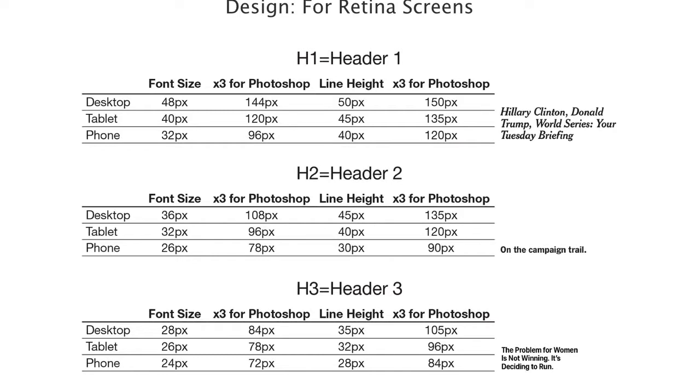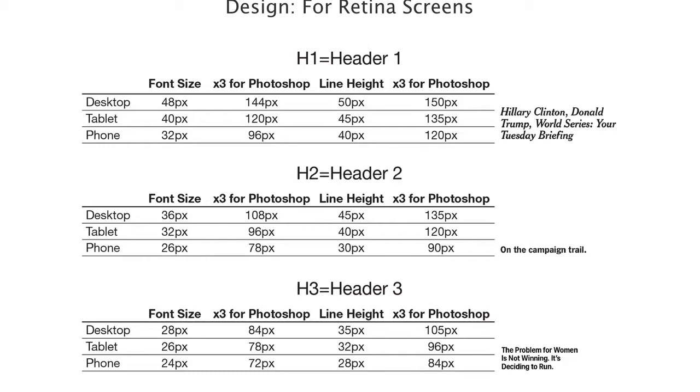So let's look at the column or the row that says phone. And so for an H1, they say 32 pixels is a good size for mobile. And then if you up that 3 times, that would make it 96 pixels. So you'd have to design a 96 pixel header in Photoshop.